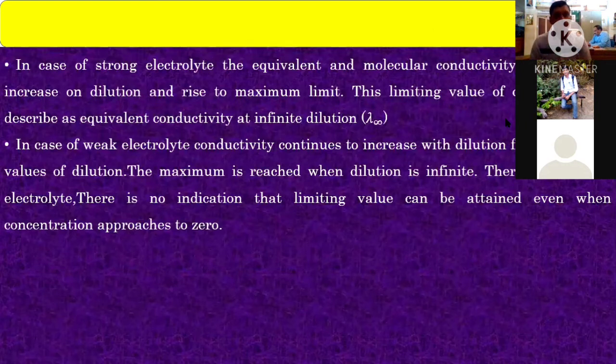In the case of a strong electrolyte, the equivalent and molecular conductivity progressively increase on dilution and rise to a maximum limit. The limit value of conductivity is described as equivalent conductivity at infinite dilution.